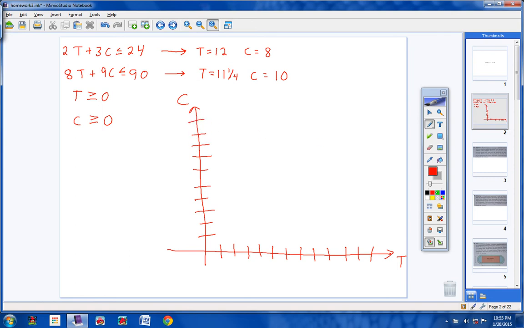Okay, we're going to graph the first line here in black. So the t-intercept is 12, and the c-intercept is 8. So there's our line.